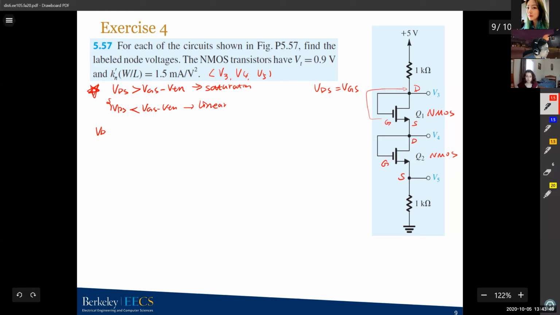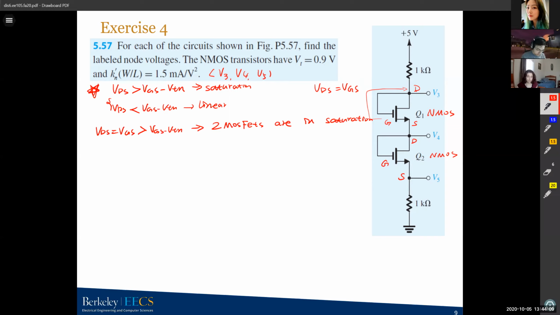And we have VDS equals VGS, which must be greater than VGS minus VTN. So these 2 MOSFETs are in the saturation regime. We have 2 MOSFETs in saturation regime. These 2 are all saturated.